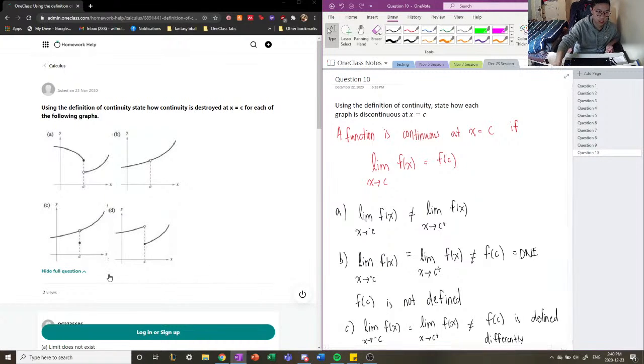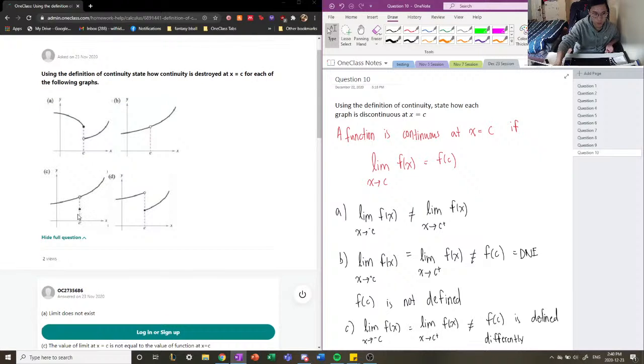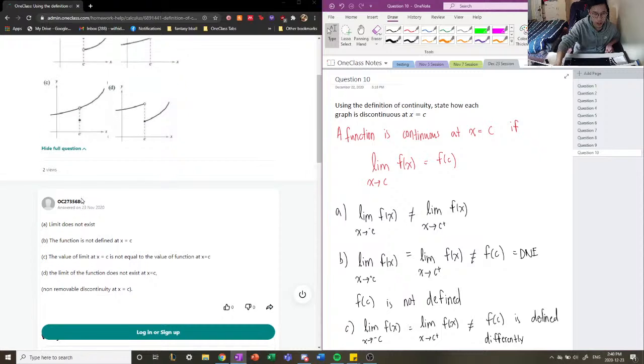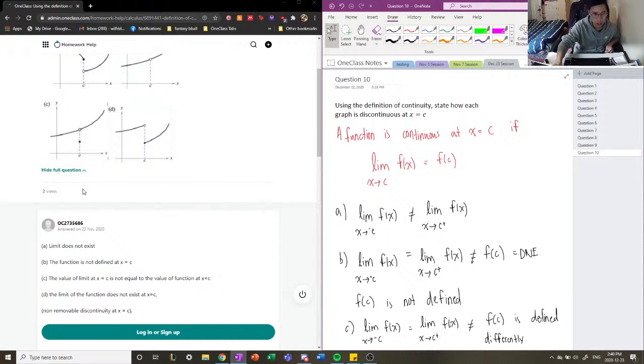So this graph is not continuous because although the left-hand side and the right-hand side limits are the same, the value of f of c does not belong on this graph, and it's a separate point here. So the value of f of c is not equal to the limits from the left-hand side and the right-hand side of c.